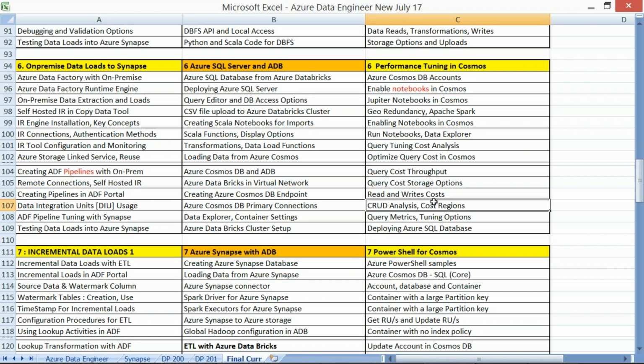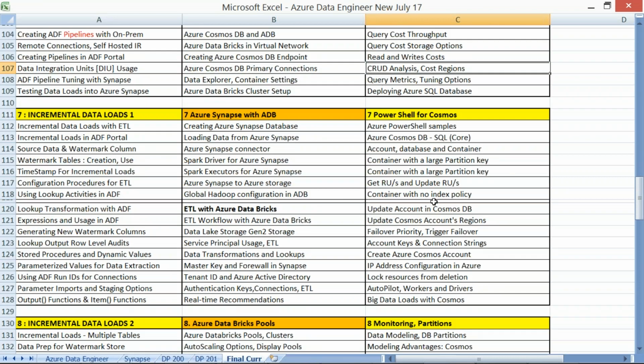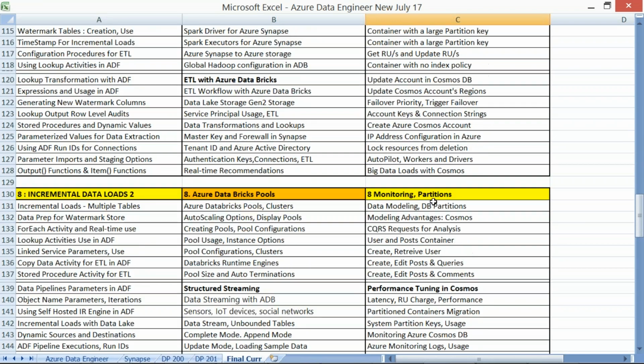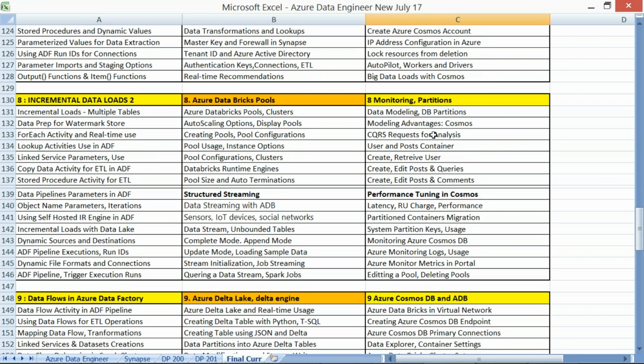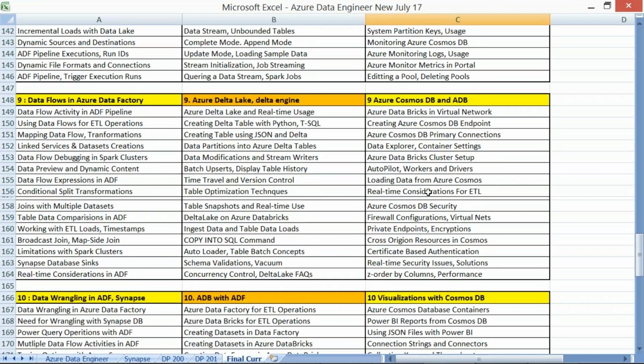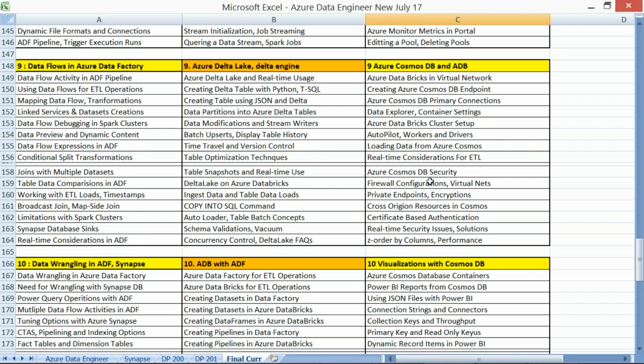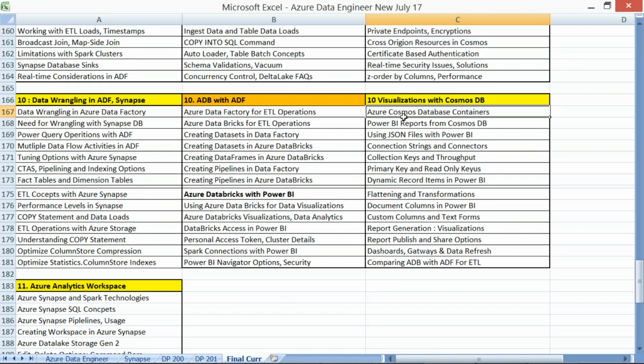We'll be understanding how to create and work with notebooks, PowerShell components for ETL and configurations, monitoring, tuning, and finally integrations with Azure Databricks, Cosmos with Databricks integrations, and visualizations.